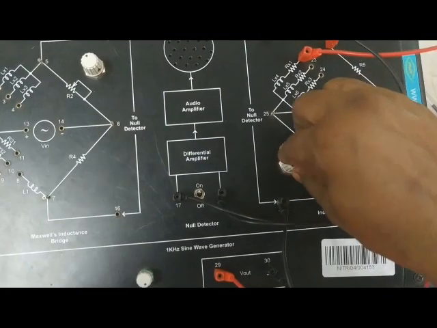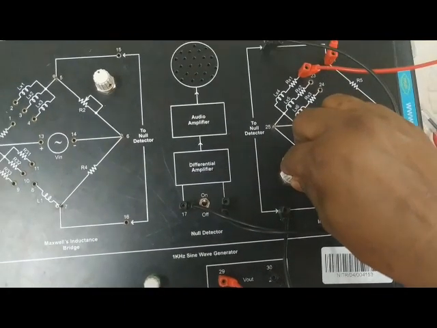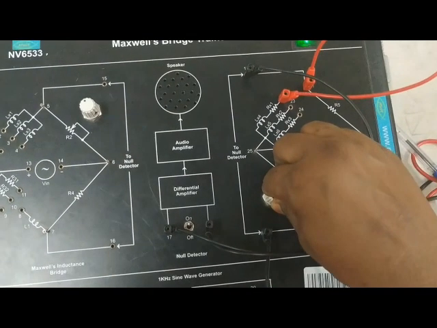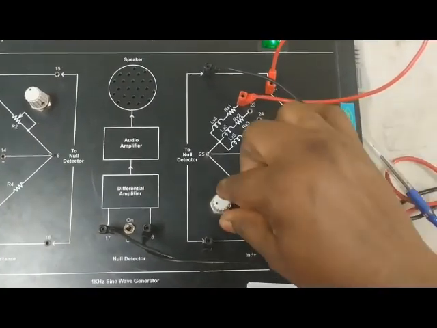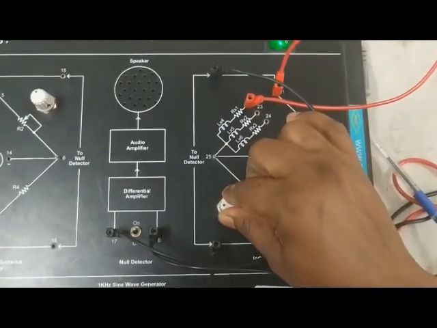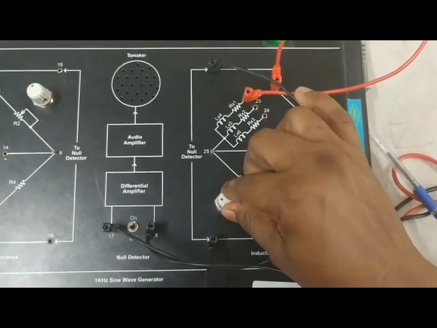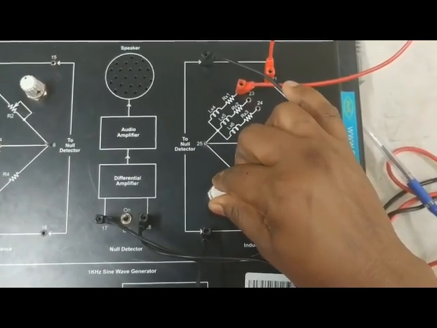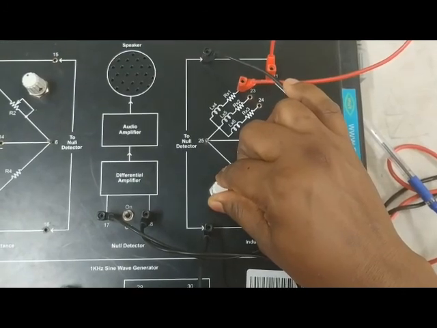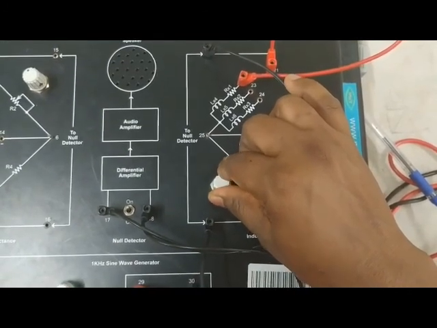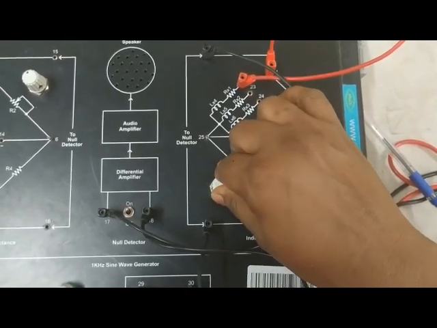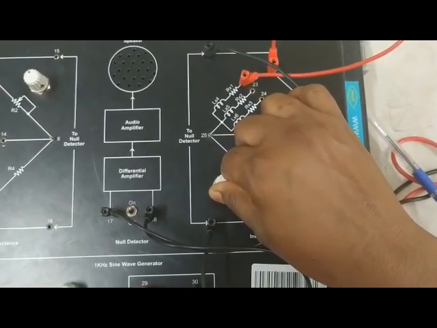So now we have to rotate this potentiometer R7 very precisely, slowly, and check where the noise is minimum.